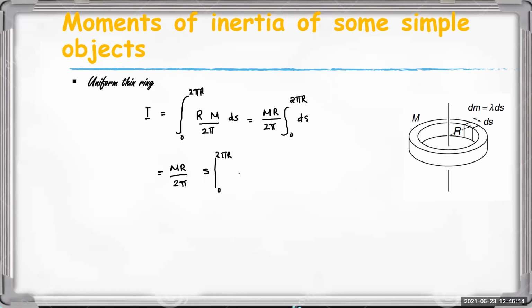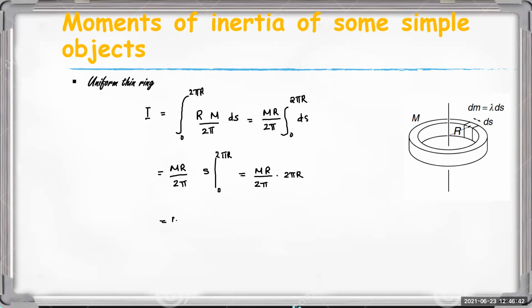Then that is equal to mr divided by 2 pi, into, for s we put the upper limit 2 pi r, and for the lower limit 0 there is no need to substitute. In place of s we substitute 2 pi r, then the 2 pi cancels.